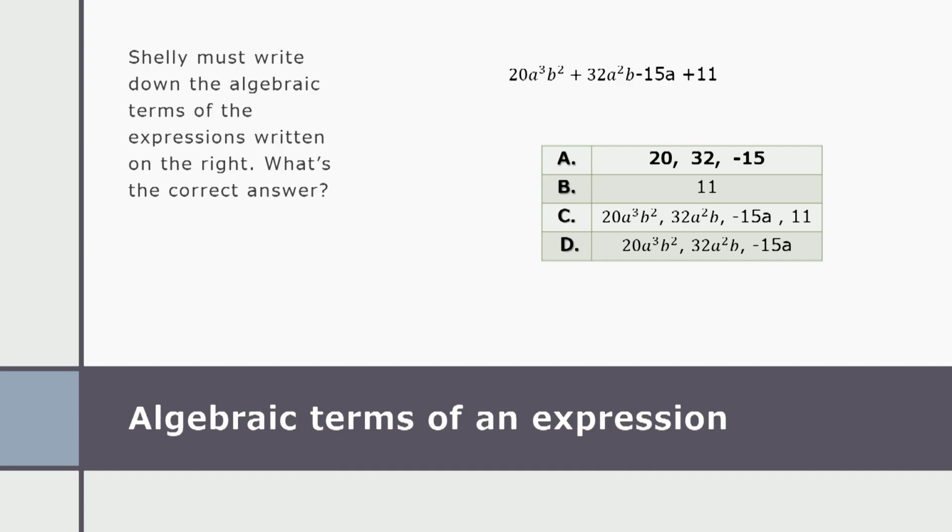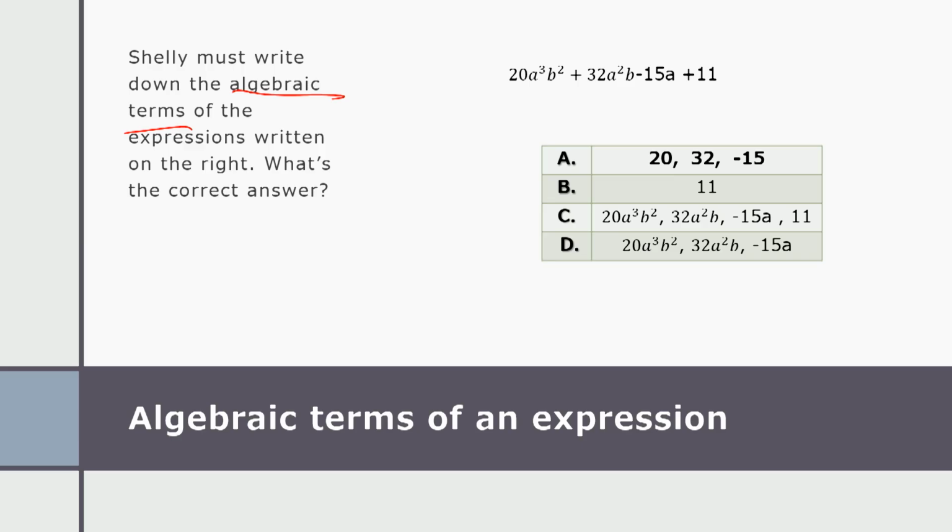Algebraic terms of an expression. Shelley must write down the algebraic terms of the expression written on the right. What's the correct answer? So our problem reads 20a to the third b to the second plus 32a squared b minus 15a plus 11. We need to write down the algebraic terms.